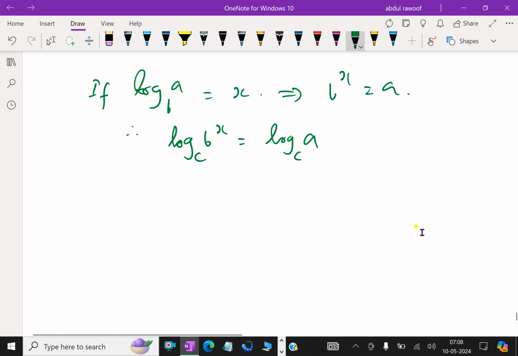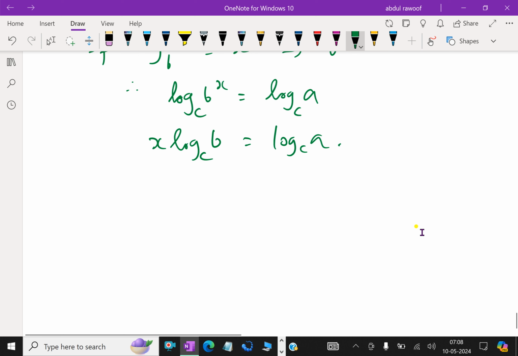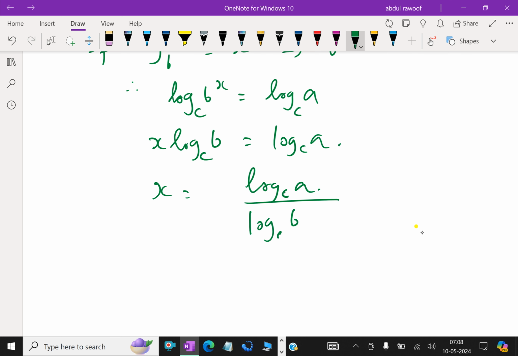Now x log b base c equals log a base c. Then x equals log a base c over log b base c. This is the change of base rule. It's more useful.